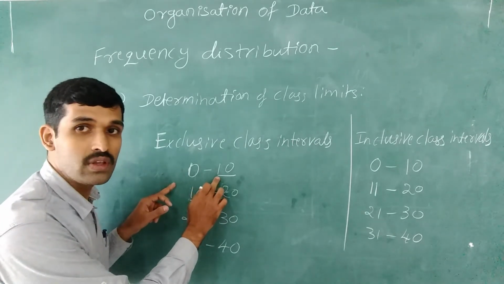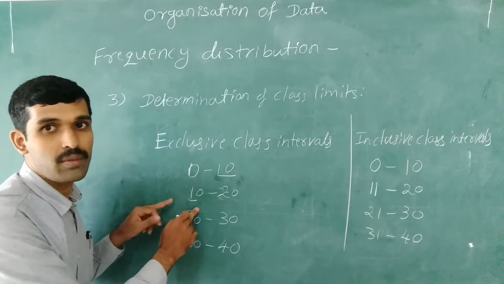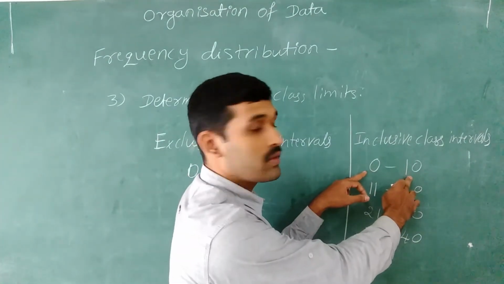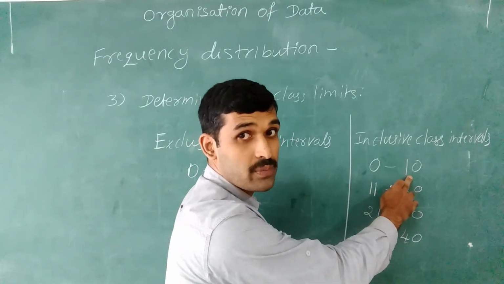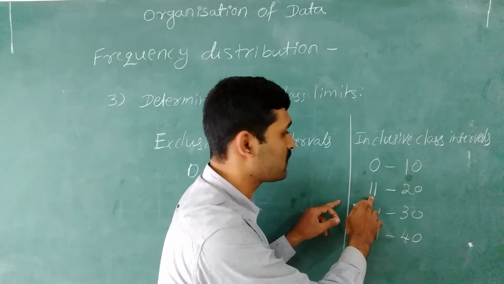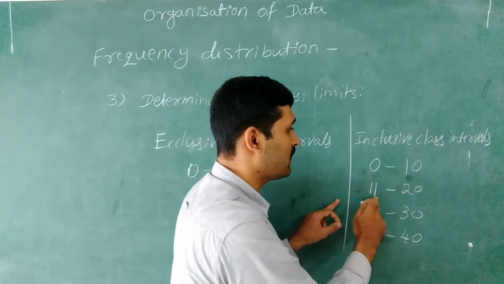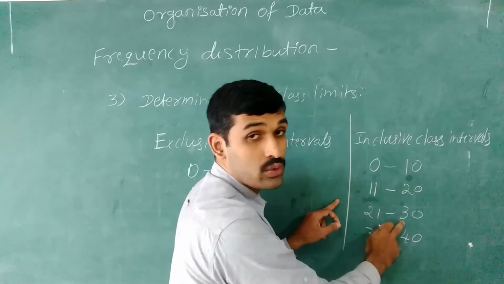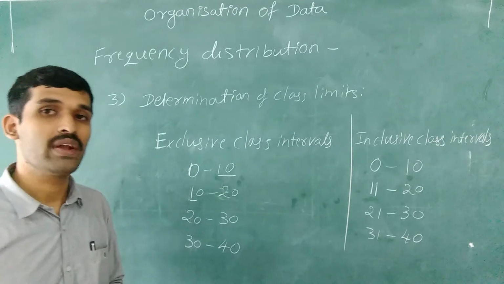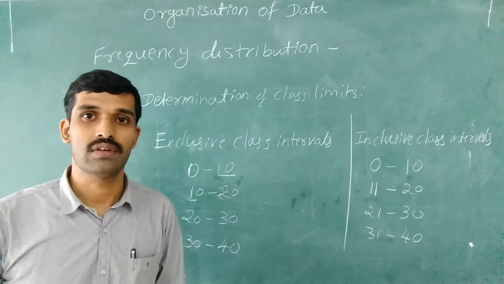But in inclusive class intervals both are different. The upper class limit of the first class and the lower class limit of the second class are not the same. We are considering 0 to 10, 11 to 20, 21 to 30, 31 to 40 likewise. So this is the main difference between exclusive and inclusive class intervals.